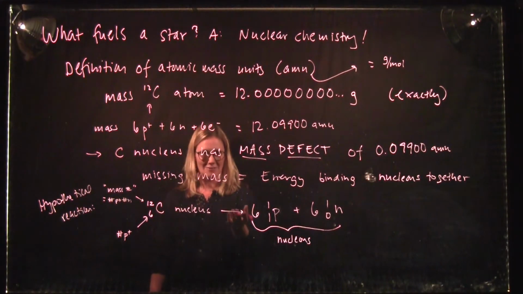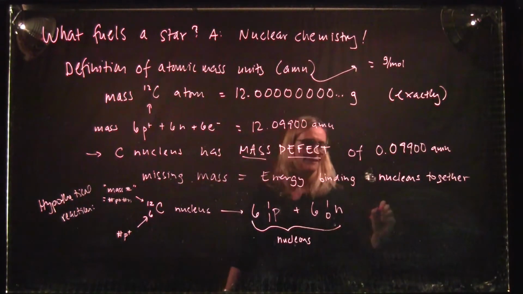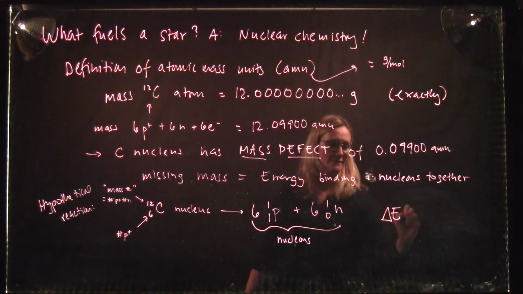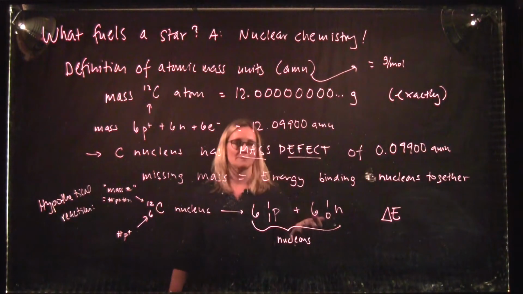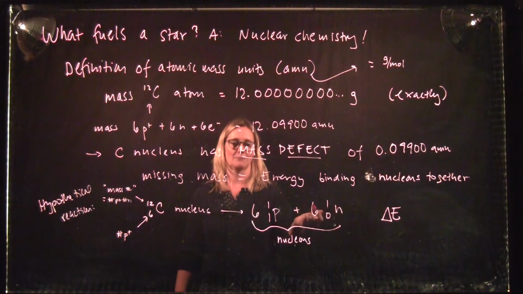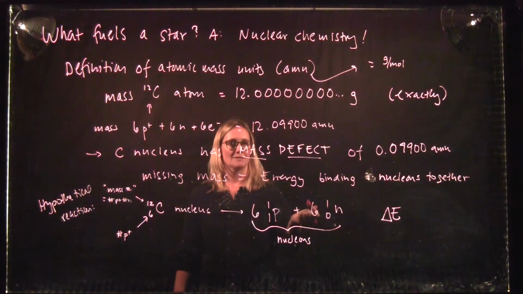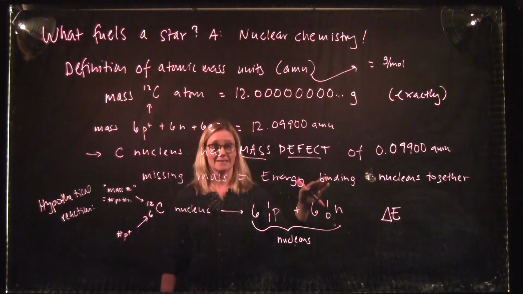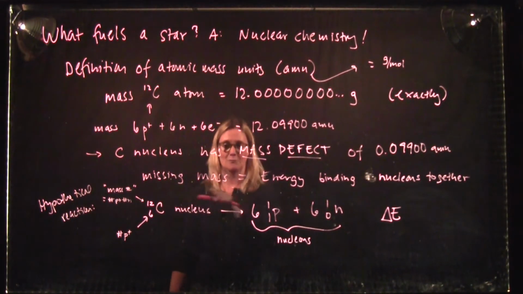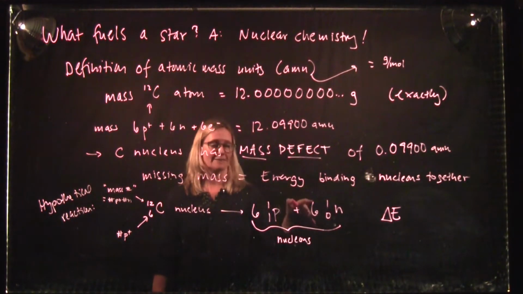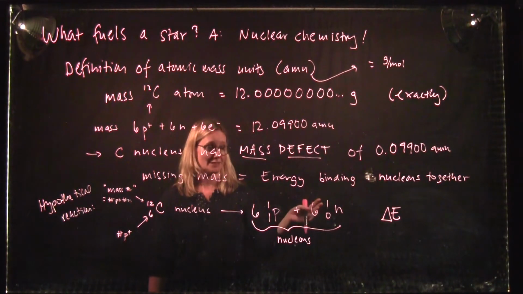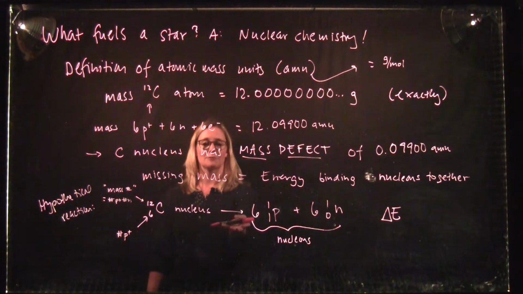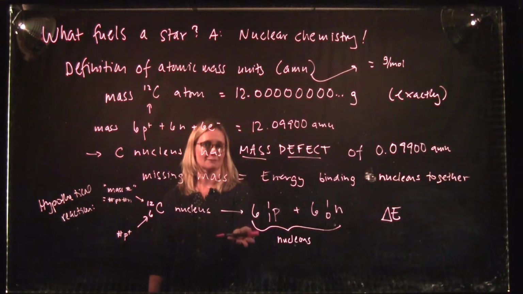So think for yourself, what would you expect the sign of the delta E for this reaction to be? Would you expect it to be a positive number or a negative number? Remember that a positive delta E is we're putting energy in to go from reactants to products. A negative delta E would be a reaction that gives off energy. So do you think you need to put energy into this process, or does this process release energy?